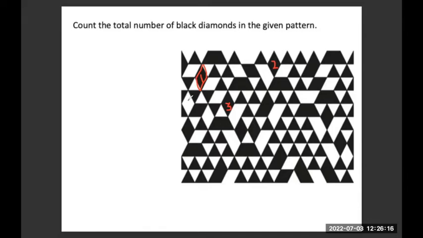These are black diamonds, so we won't be counting the white ones. Anything else? Here we get 4, 5, 6, 7, 8.